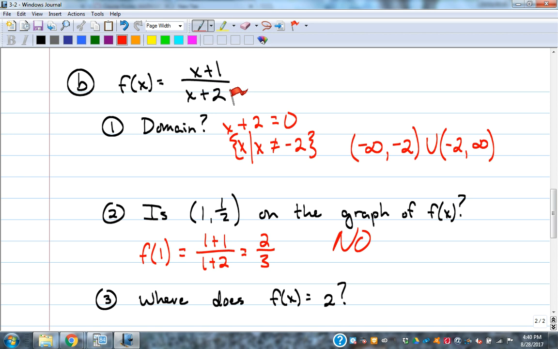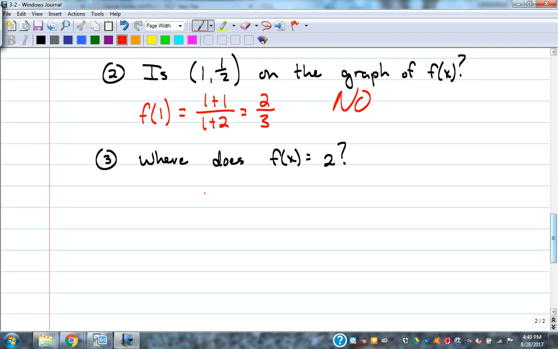How could I do it algebraically? I've got this function f of x is equal to x plus 1 over x plus 2. I want to know, where does f of x equal 2? X plus 1 over x plus 2.